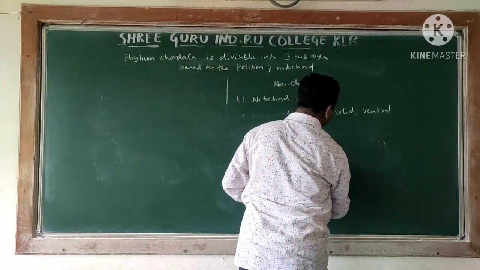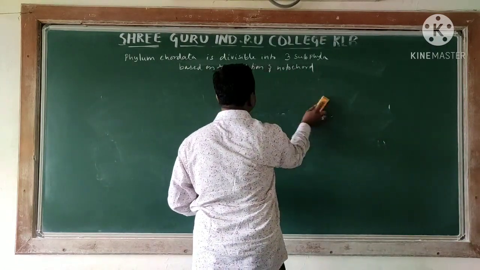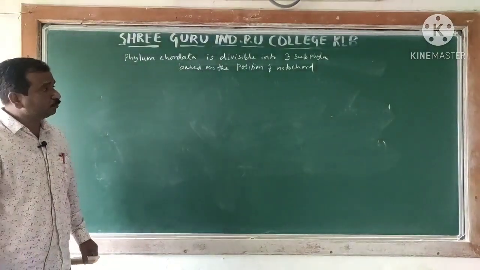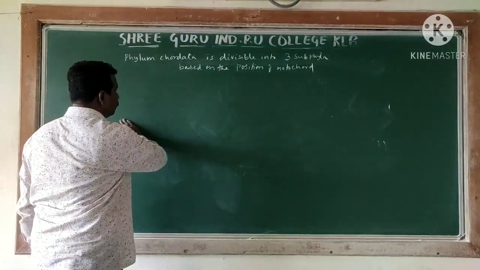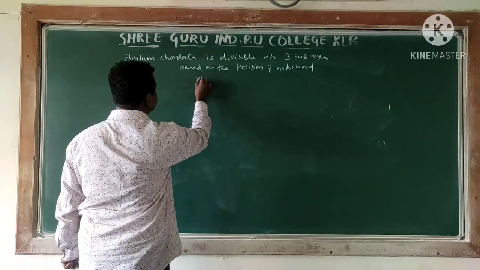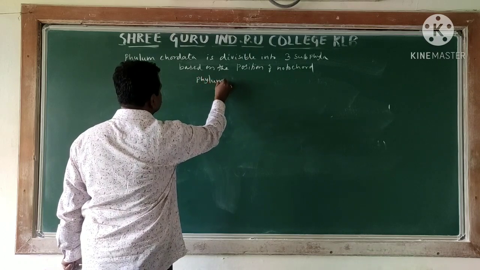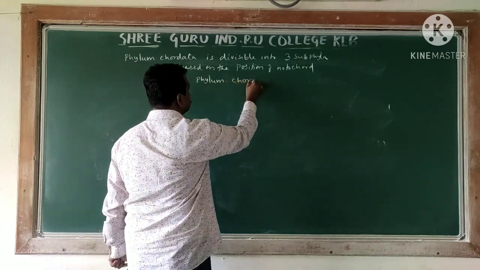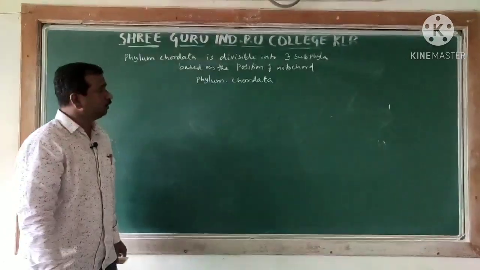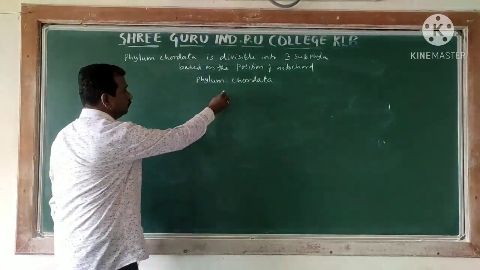Note: phylum chordata is divisible into 3 subphyla.